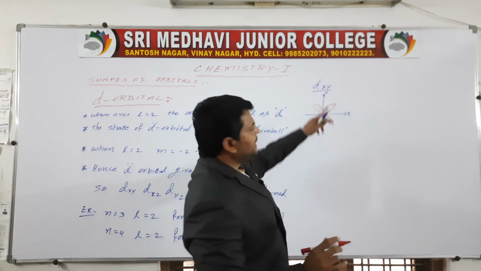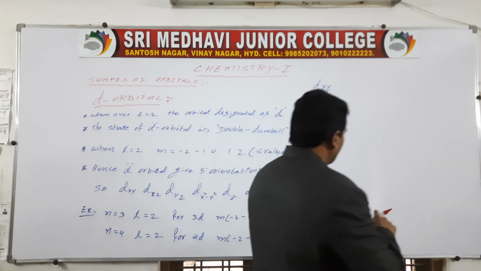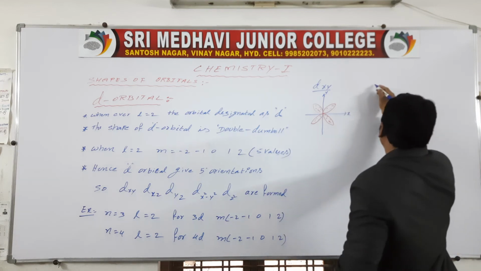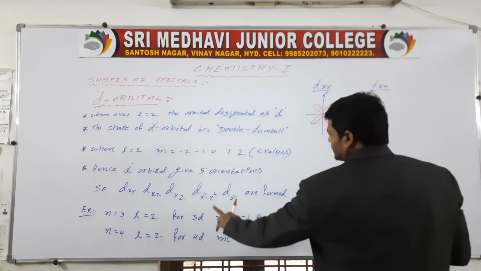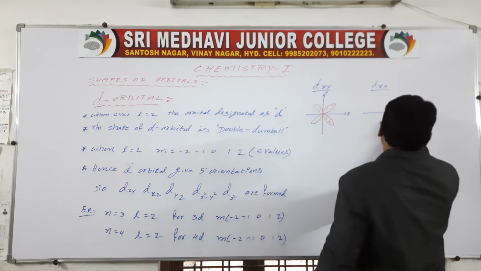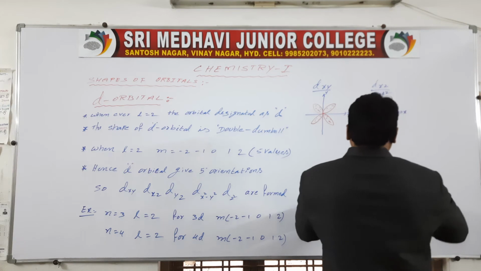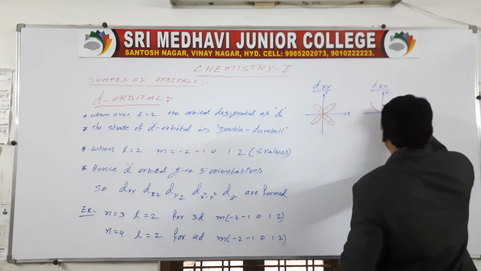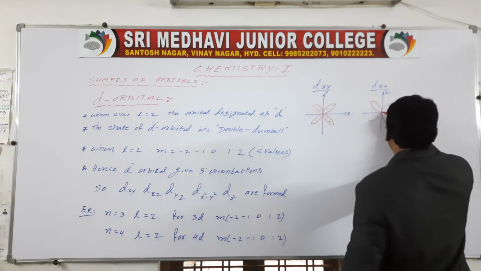Means for dxy, the electron cloud is in between the axes, between x and y. Then dxz. Here I am taking the x axis and this is the z axis. Now the electron cloud is in between the axes.